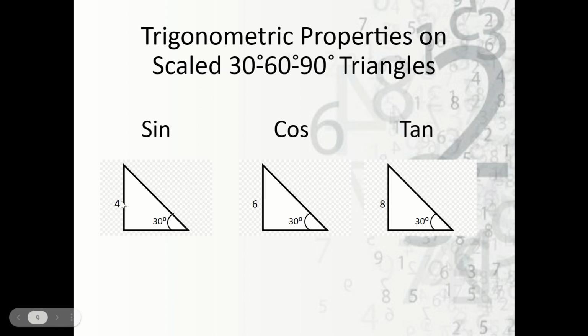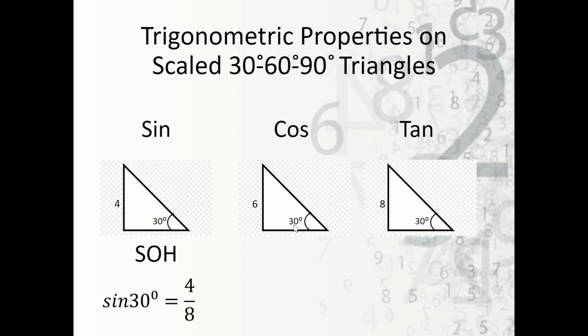So we multiplied it by 4. So now this side should then be 4 times square root of 3, and this should be 4 times 2, which is 8. So if we take the sine, remember sine is opposite over hypotenuse. So the opposite is 4, and the hypotenuse is 8. So we should get 4 over 8.